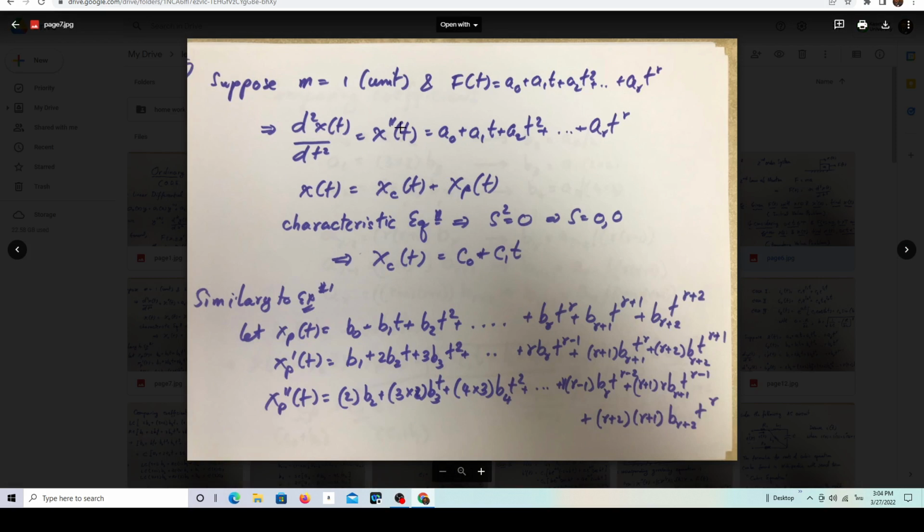But this one is the second derivative of the x function with respect to t. So you replace this by s squared to find the characteristic equation. There's no other term on the left hand side of this equation, so it has to be equal to 0.